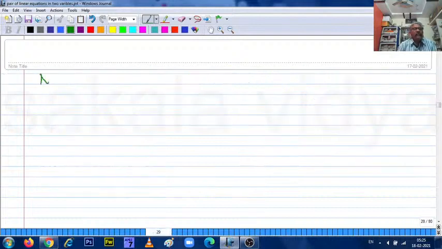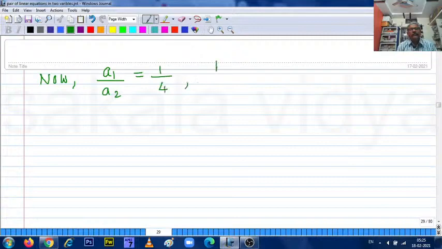So now let us find out a1 by a2. a1 by a2 equals to 1 upon 4. b1 by b2 is equal to 3 upon 12, that will be 1 upon 4.